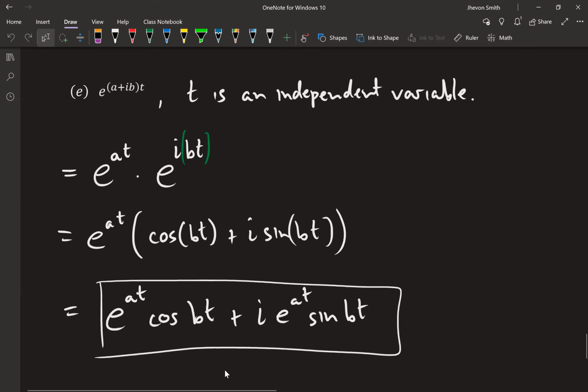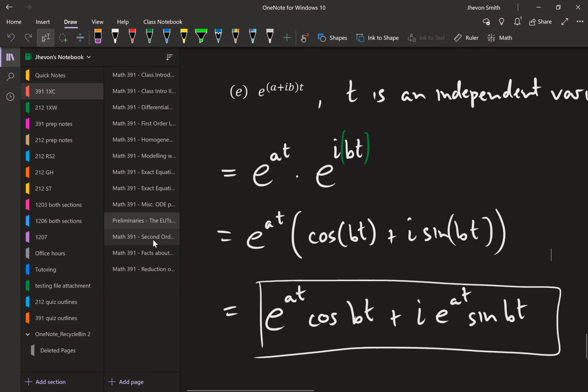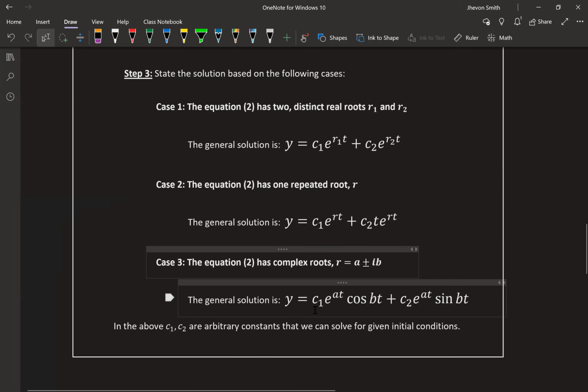So one of the solutions is going to look like e to the at cosine bt. The other solution is going to look like e to the at sine bt. However, i is a constant. So if I multiply this by a C1 and that by a C2, I can absorb the i into the C2, and ultimately I can get it to look like this right here. So this is going to be the general solution in the complex roots case, okay? So that's basically it.